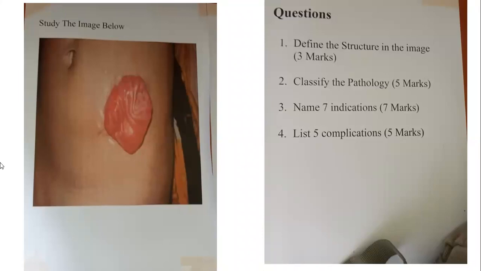If you see that same stoma in the right iliac fossa, it's called an ileostomy. If you see that stoma in the right hypochondrial region, it's called a transverse colostomy. So the location gives it away.